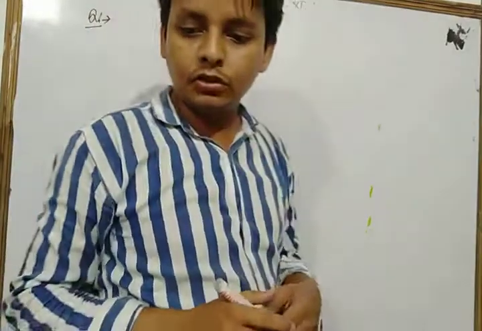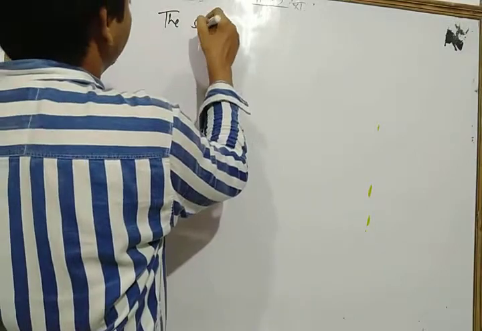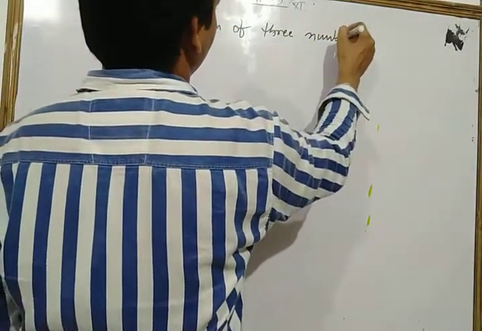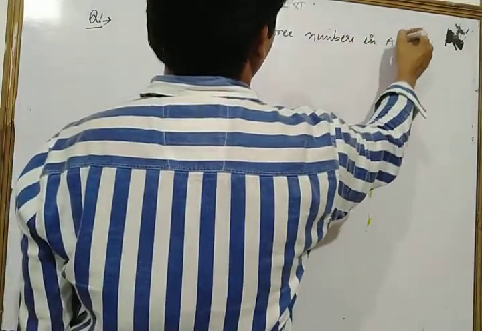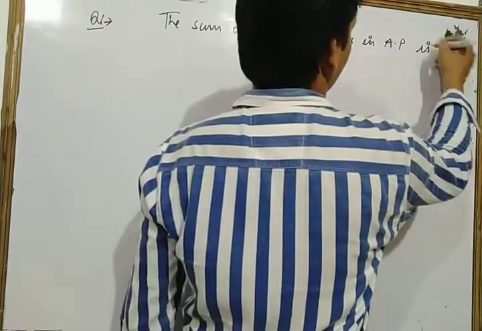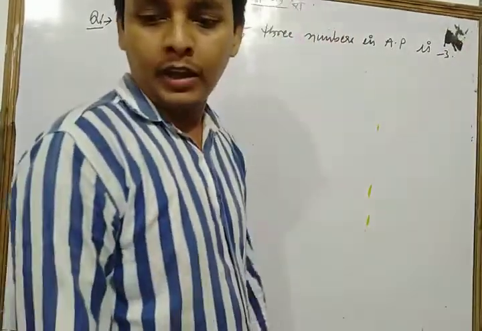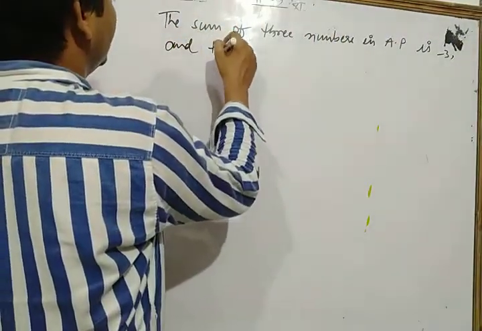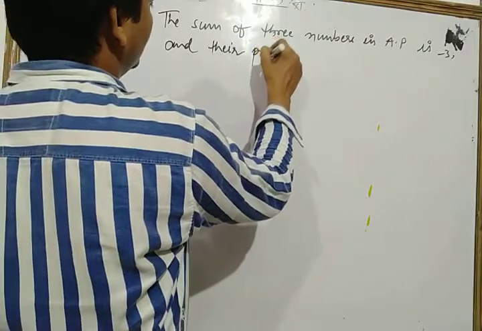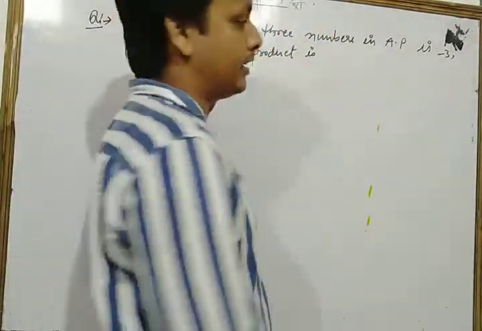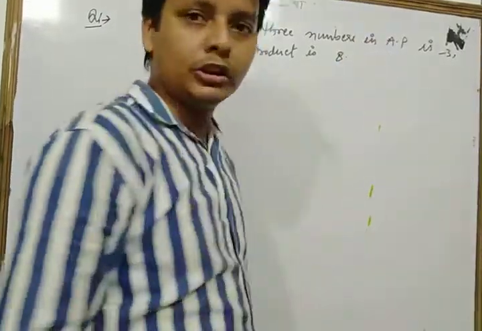We take some questions based on that topic. The sum of 3 numbers in AP is minus 3, and their product is 8.